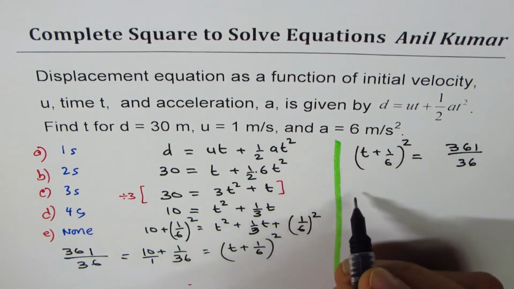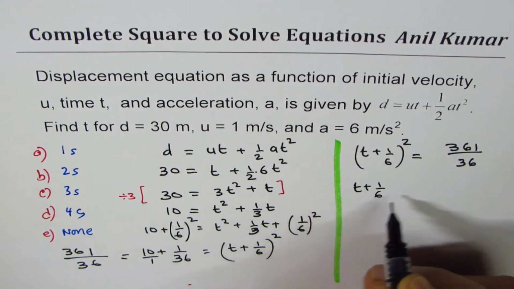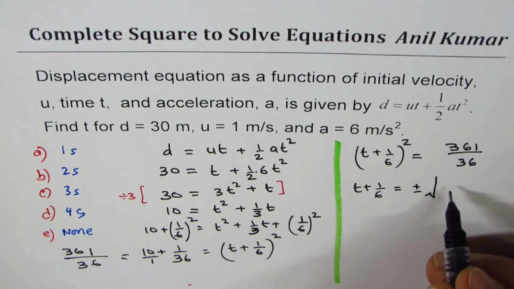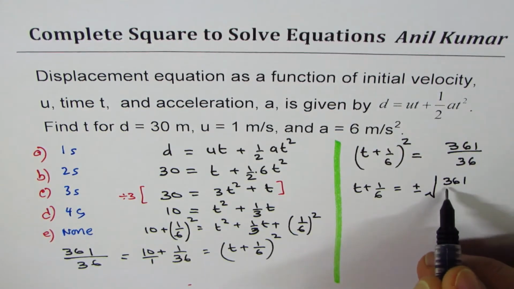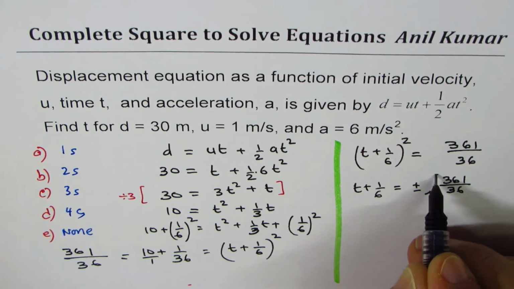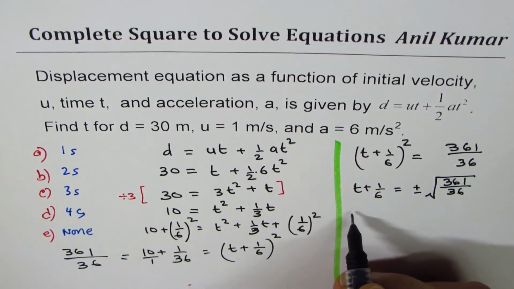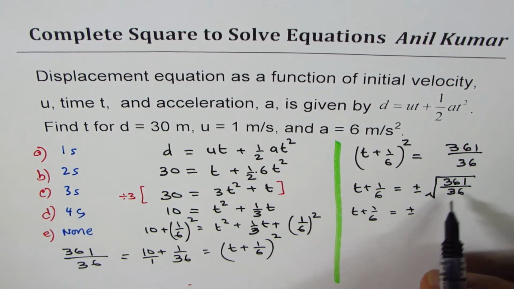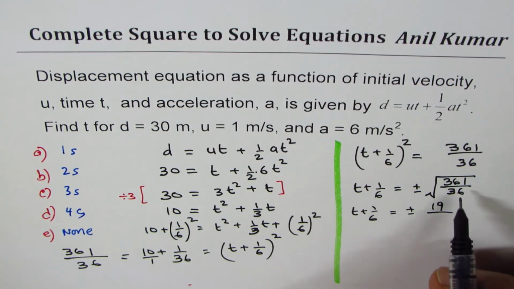So we'll take the square root of both sides. So we get t plus 1 over 6 equals plus minus the square root of 361 over 36. Correct. So we get t plus 1 over 6 equals plus minus 19 over 6.